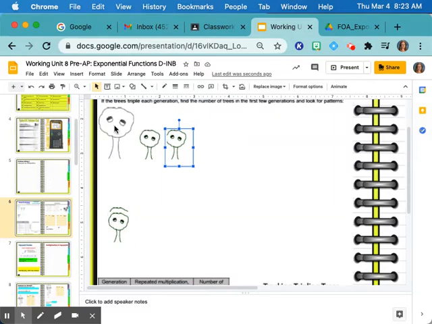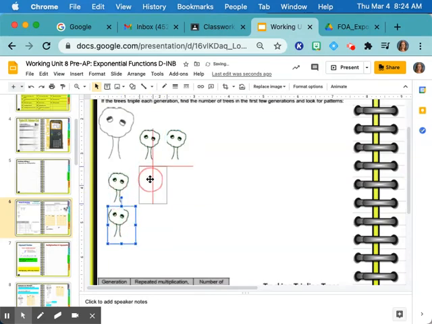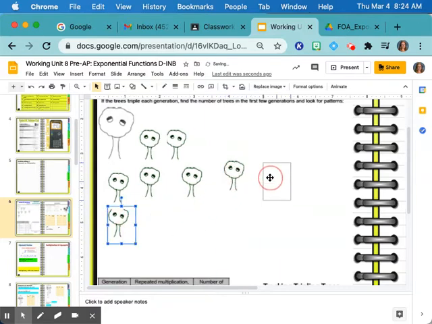So times 3. So in the first pattern, we have 1, and then it triples. So we have the 3 trees, and then it's going to triple again. So how many will we have then? 3 times 3 is 9.